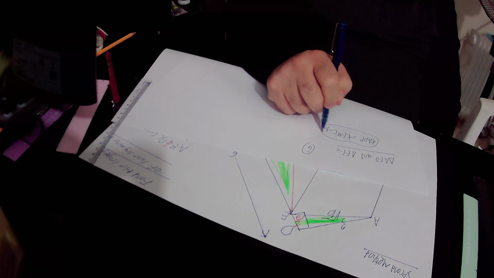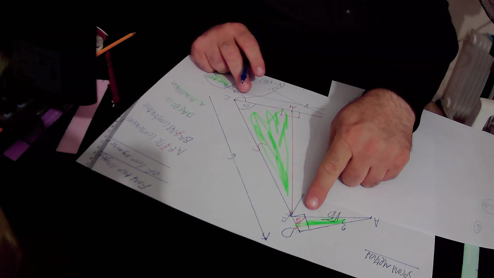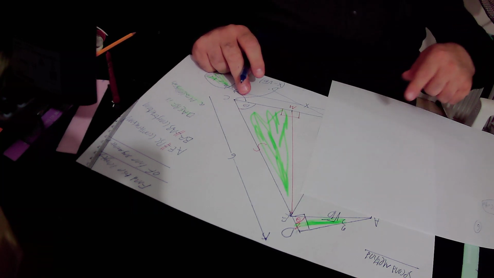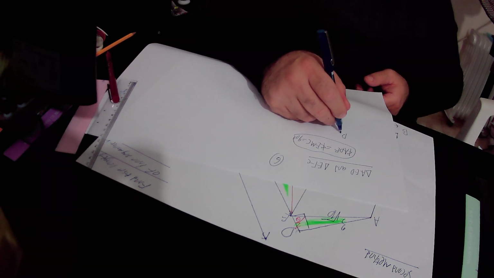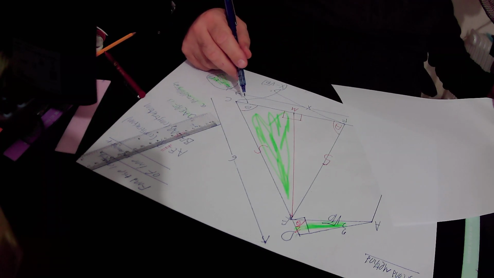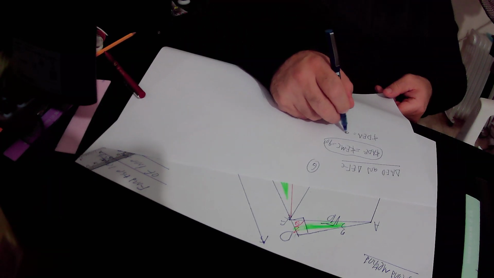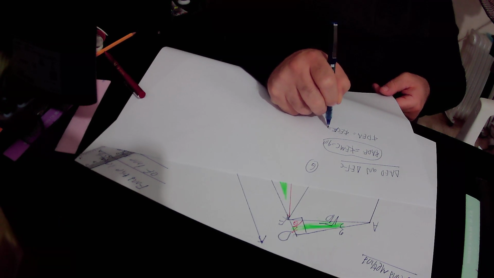In addition, those two angles are both equal to theta, therefore they are equal to each other. So angle DEA is equal to this angle, angle ECF, and they are both equal to theta.